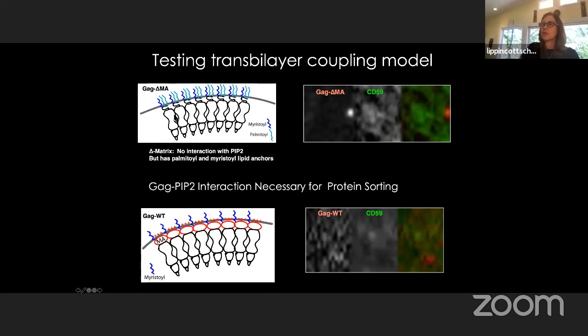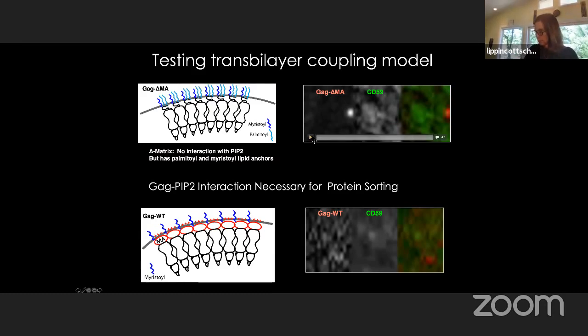The question is, it can bind to membranes and GAG itself can multimerize. Is this sufficient to create a phase separated domain, a liquid ordered domain that would recruit things like CD59, which is a GPI anchored protein that doesn't cross into the inner leaflet? It's only an outer leaflet anchored molecule.